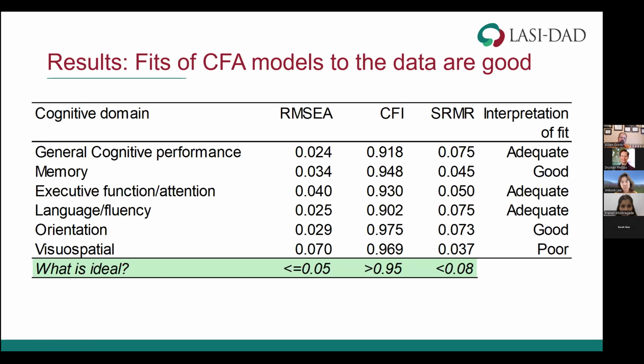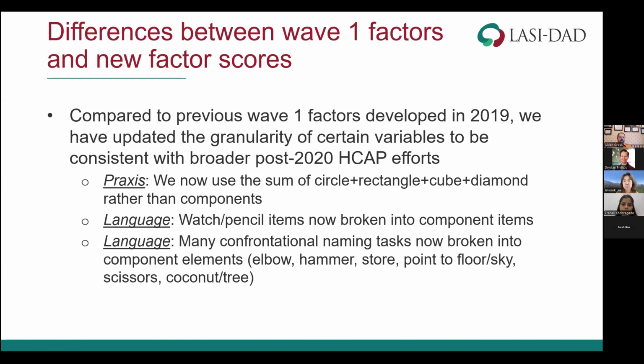What this slide is showing us is that the models for cognitive functioning are a good reflection of the underlying data that we collected. So we have strong models. If we have good models, and we say it represents memory, and it does appear to represent memory in the data, and executive functioning and so on and so forth, what we then want to do is use these scores.